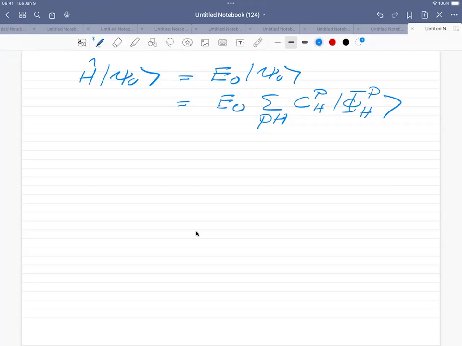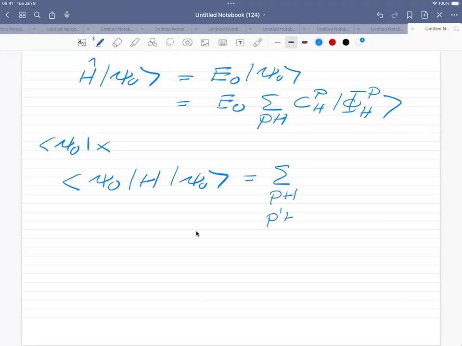Now, if you look at what we have here, I can obviously multiply this from the left with psi 0. So if I do that, what we get is simply the following. We have assumed that the basis states which we have are orthogonal and normalized. So if we multiply with that one from the left, we have psi 0 of H of psi 0, which translates into a sum over p, h, but now we also have a sum over p prime and h prime.